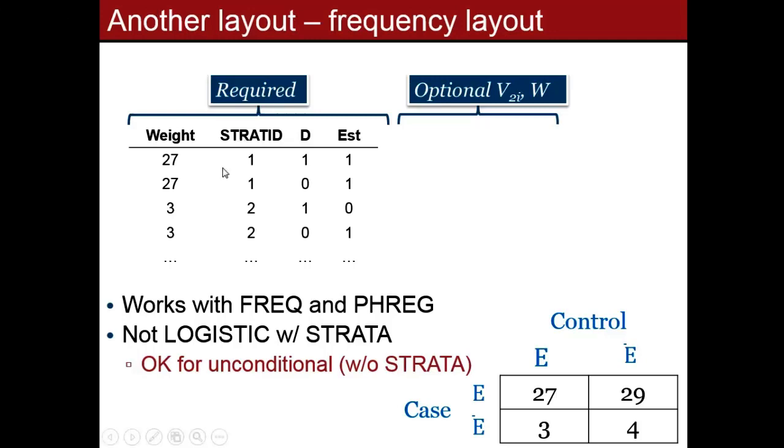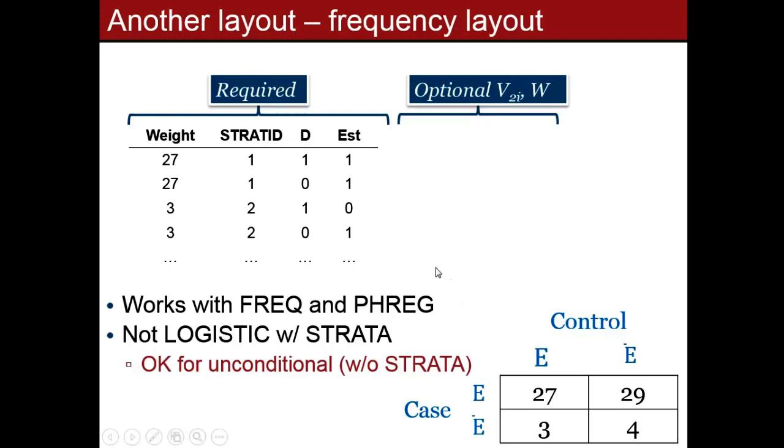This is a little bit different than WXYZ because I'm representing the two W folks as two different lines, and I say there's 27 people like this, and then I have 3 Y folks that look like this. What if I had this kind of weighted frequency data for my analysis?